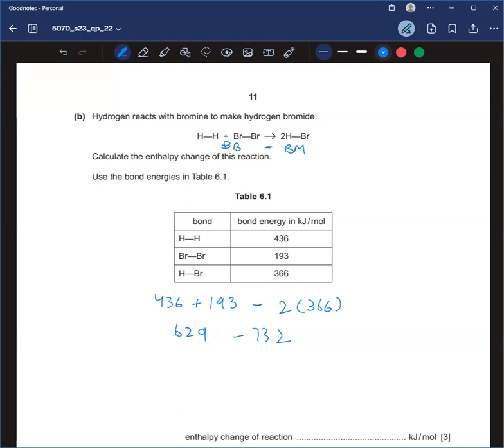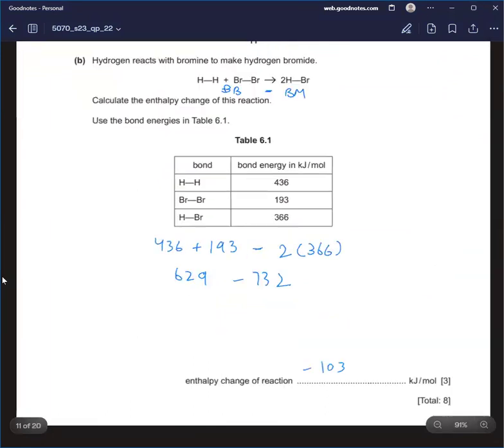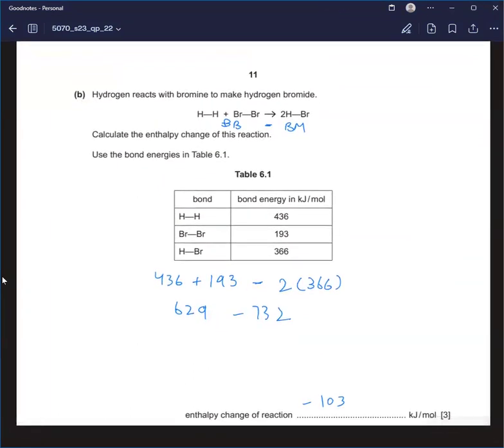Sorry, yes, 732. So the answer I am getting is minus 103. So this is the end of question number 6.